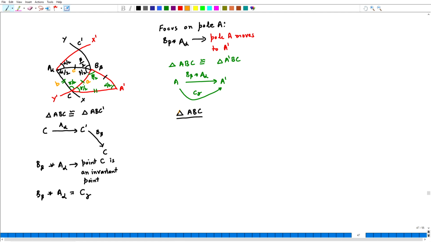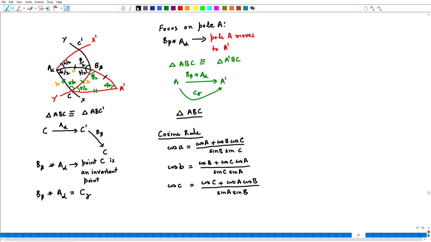So, these are essentially nothing but the angles between the rotation axes A, B and C. Now, we come back to the cosine rule. What can we say? Well, small a, small b, small c in the cosine rule are denoted already in the triangle ABC. What about the angles capital A, capital B, capital C? They are nothing but alpha by 2, beta by 2 and gamma by 2.